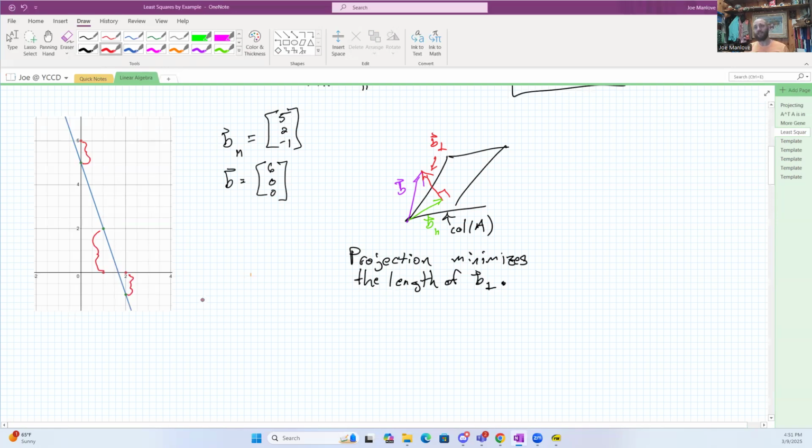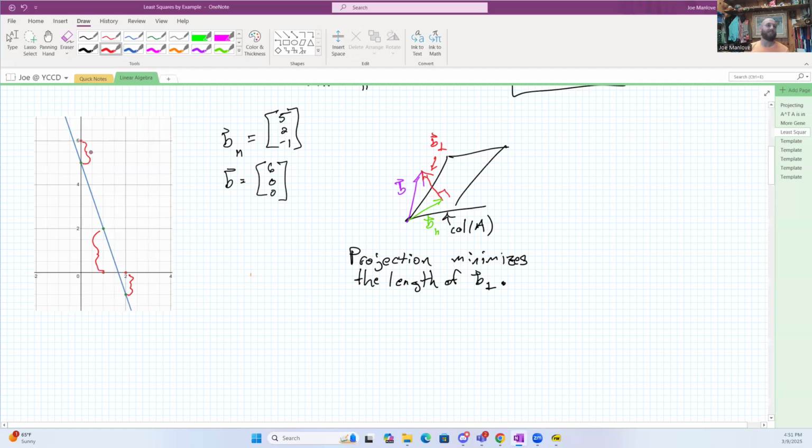I made those as small as possible. I made the sum of those distances squared as small as possible. These are the error vector. This is how far off I was from being on a line.